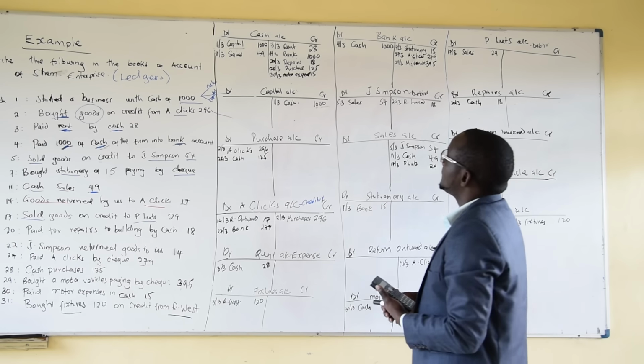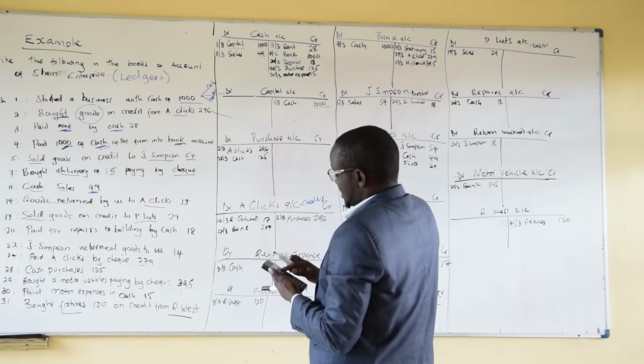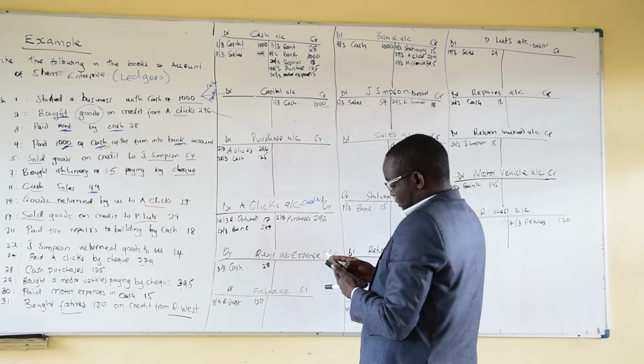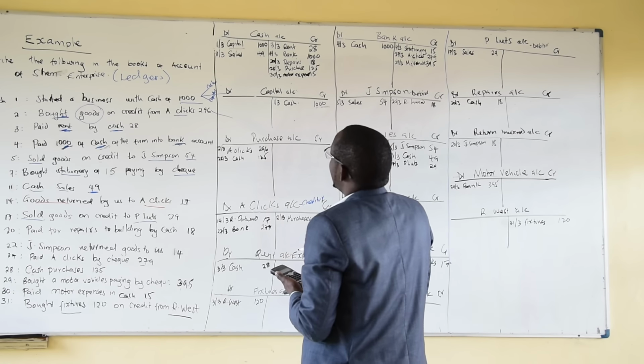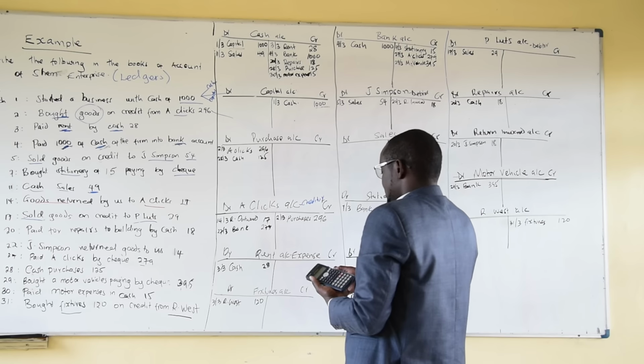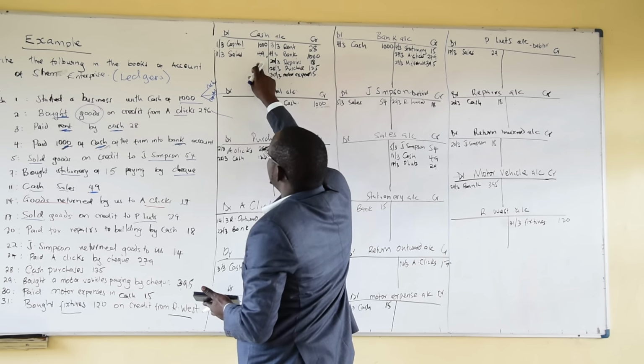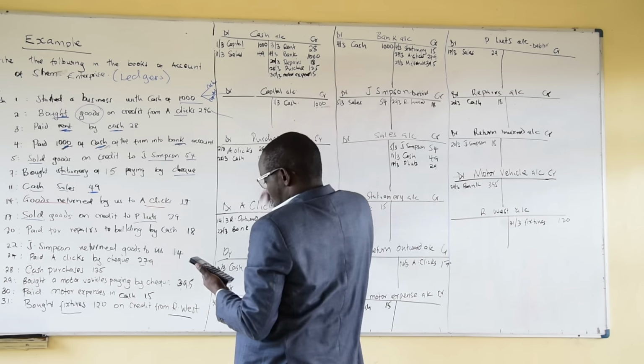The total here is 1186. So I'll write the total here. 1186, this is 1049.